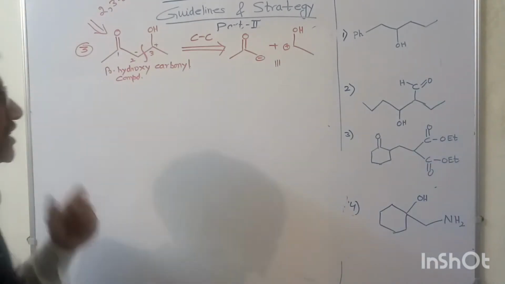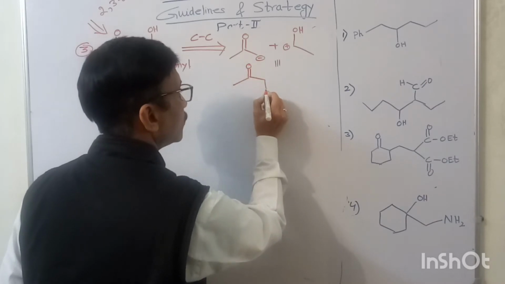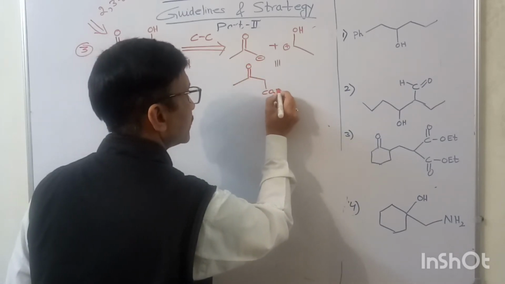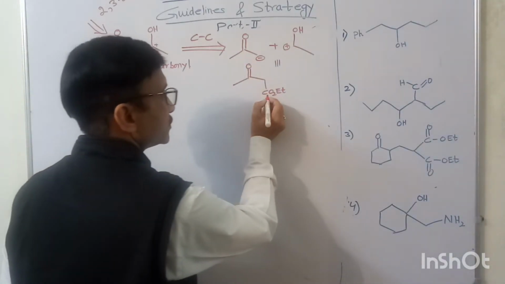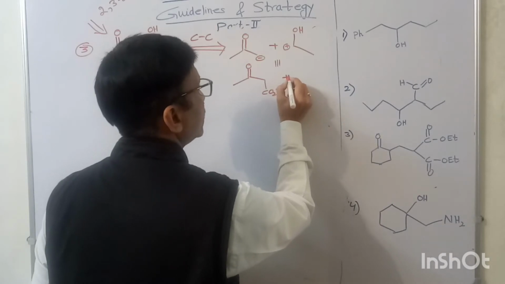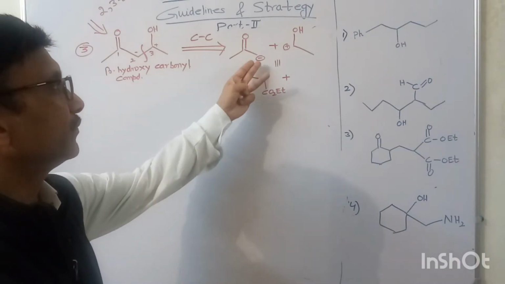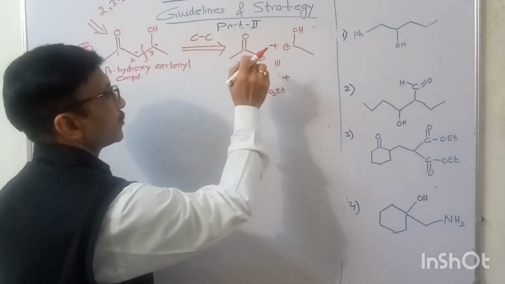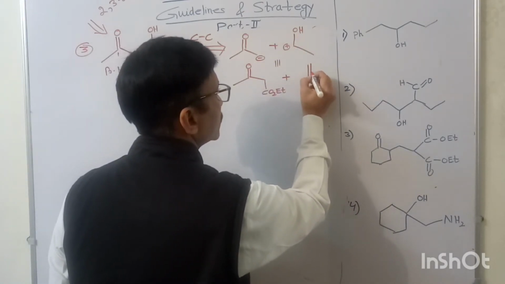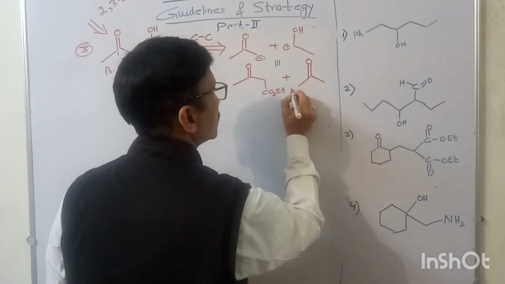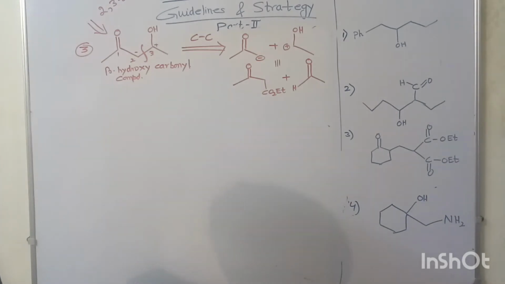Corresponding to this, the synthetic equivalent, you may get an active methylene compound. You can add this ester group here, because in presence of this active methylene compound and some base, it can give the minus charge on this carbon. So this would be the synthetic equivalent.